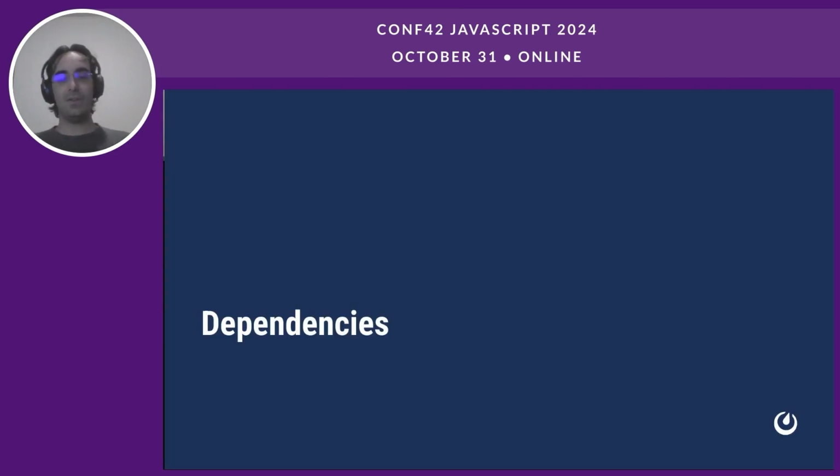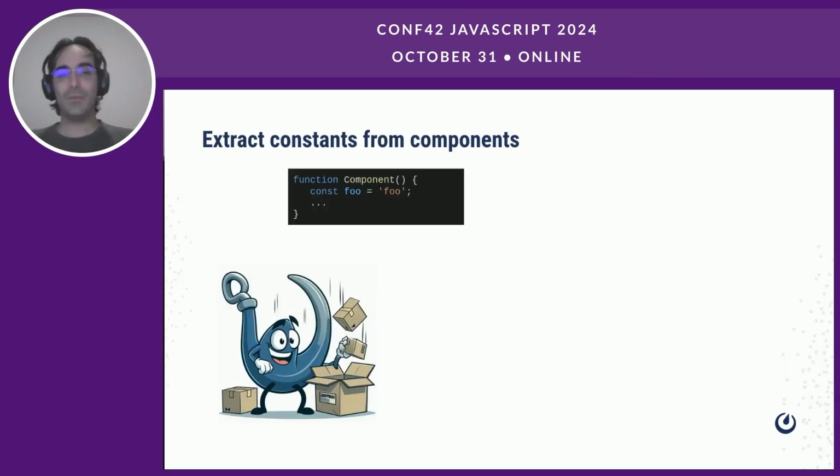Okay, so with that out of the way, let's get into dependencies. Many hooks use dependencies, and you should treat dependencies with a lot of care, because they are quite important. For starters, everything that can go out of the component, get it out of the component.